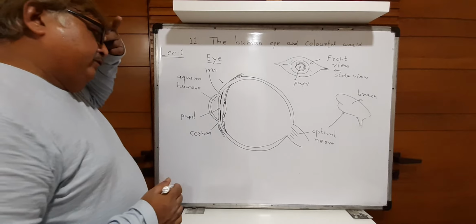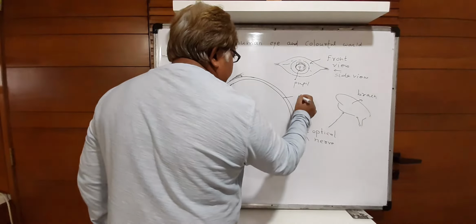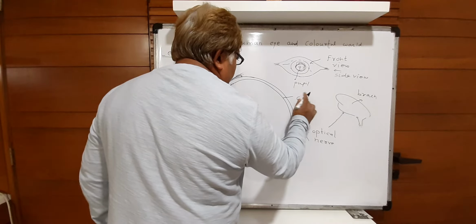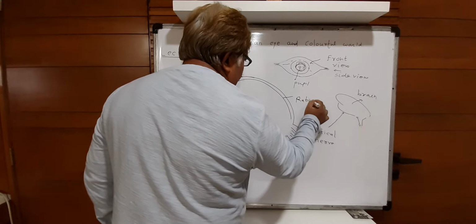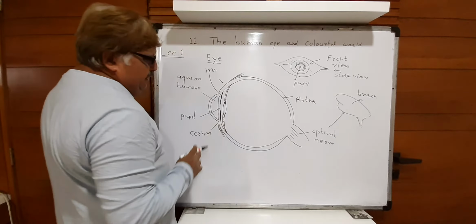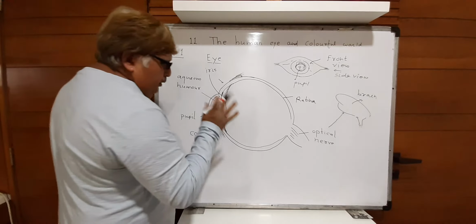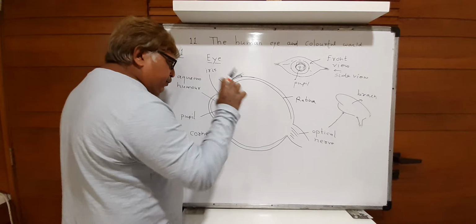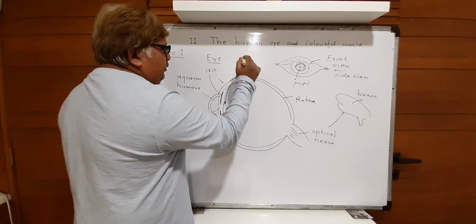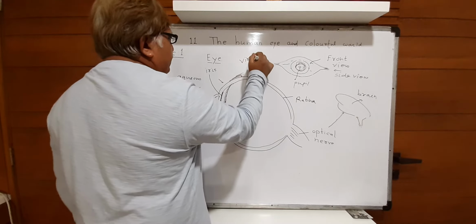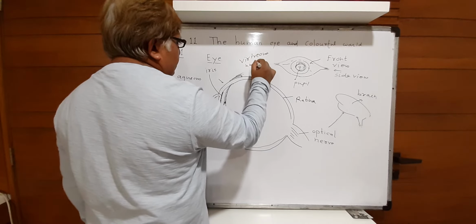This is eye lens, and this is a light sensitive screen which we call retina, as you all know. This is actually retina. This is lens. Okay. Then if you see from the side, whatever material looks here is called vitreous humor. Okay.